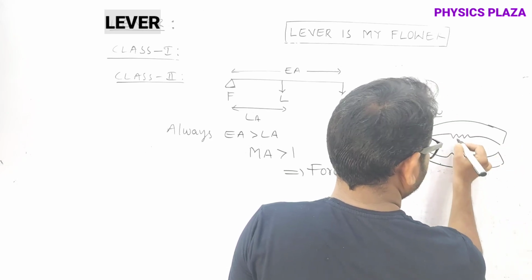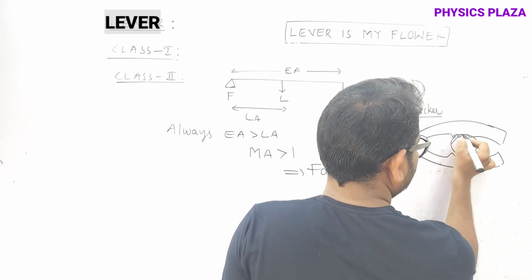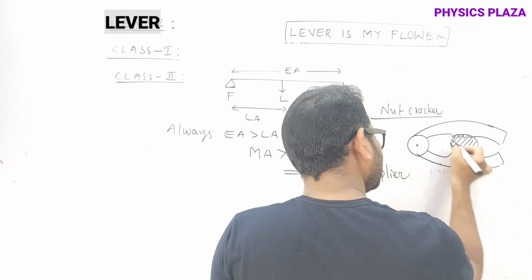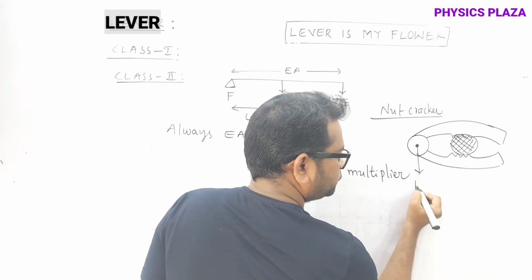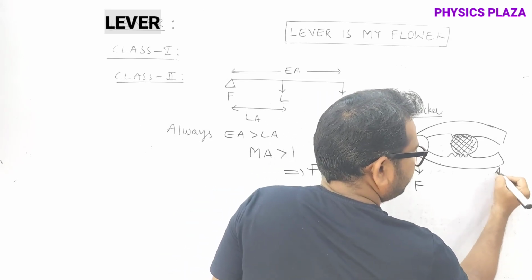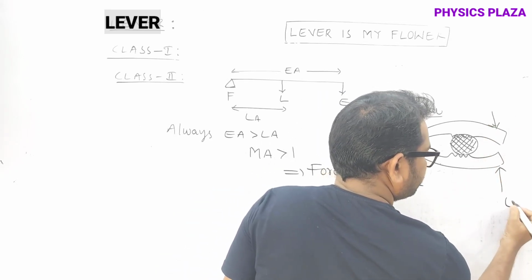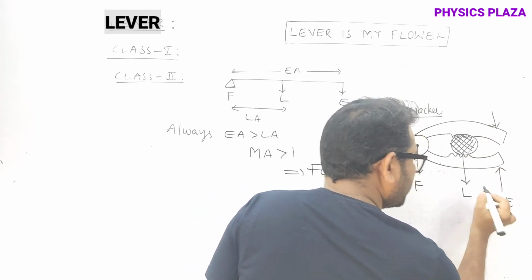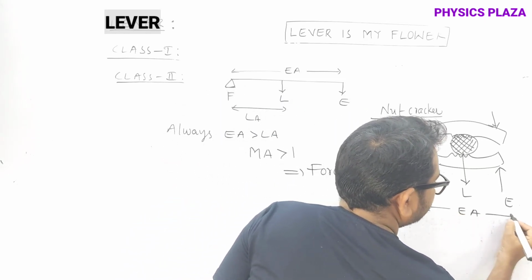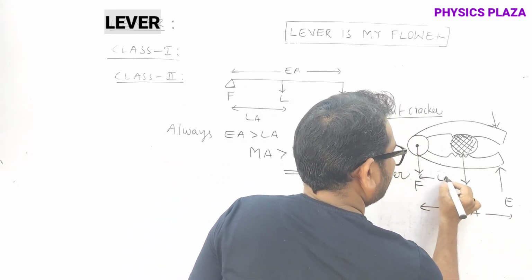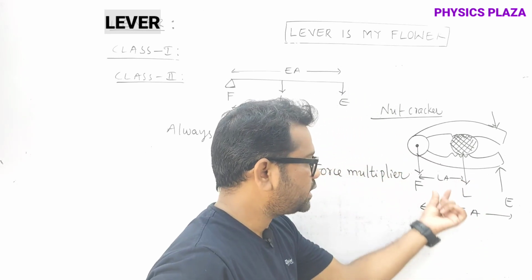This is the point where I place a nut, the nut to be broken. Okay, children. This is the fulcrum. This is the point where we apply the effort. This is the load here. So you can see this is the effort arm, this is the load arm. So the effort arm is always greater than the load arm.